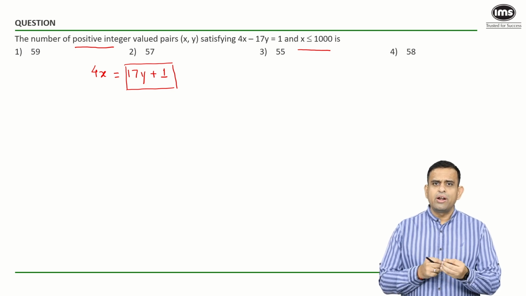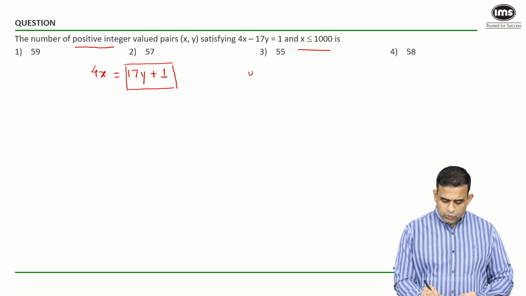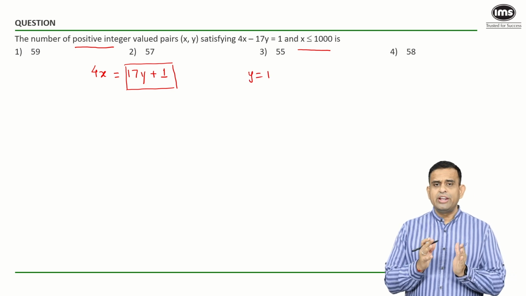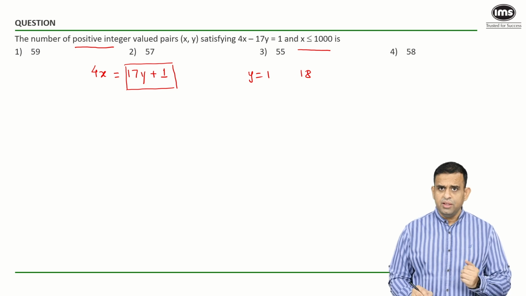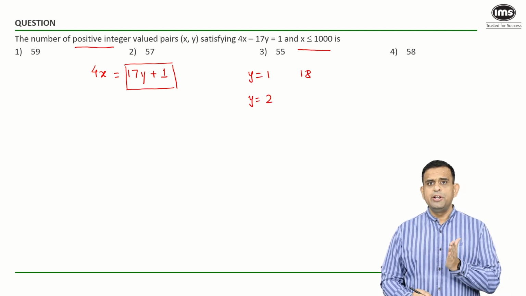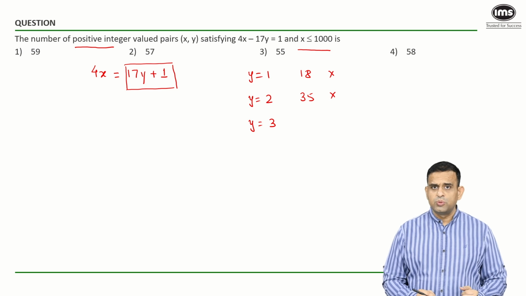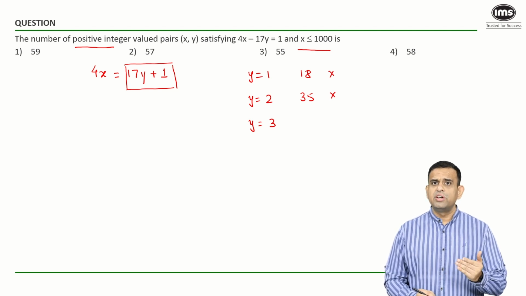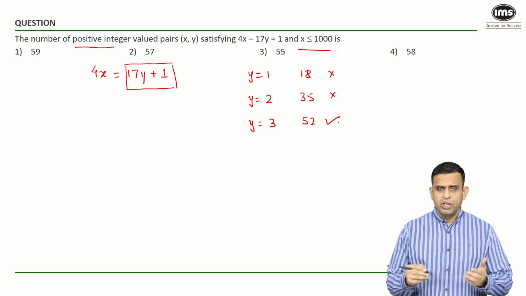One can do hit and trial. Put y equals 1: the term 17y plus 1 becomes 18. Then put y equals 2: it becomes 17 into 2 plus 1, giving you 35, not a multiple of 4. If I put y equals 3, the value of 17y plus 1 becomes 52, which is a multiple of 4.